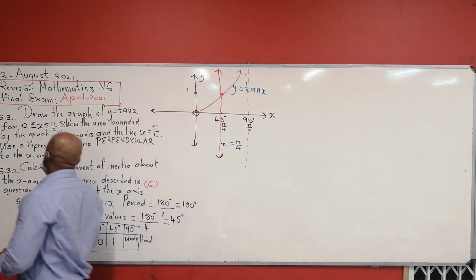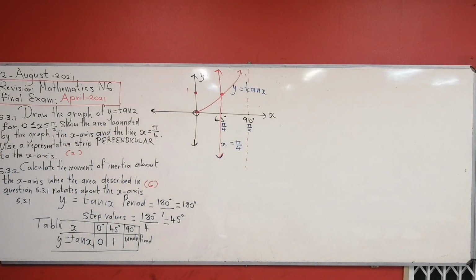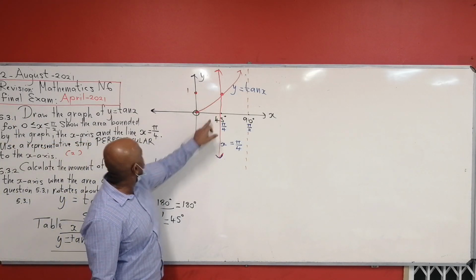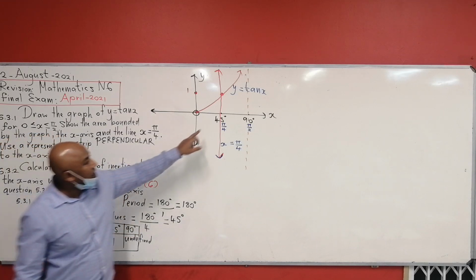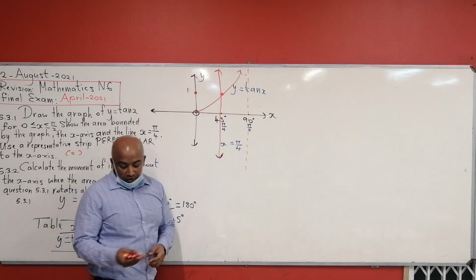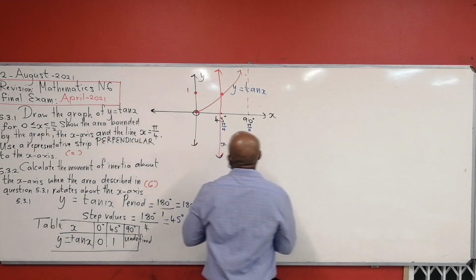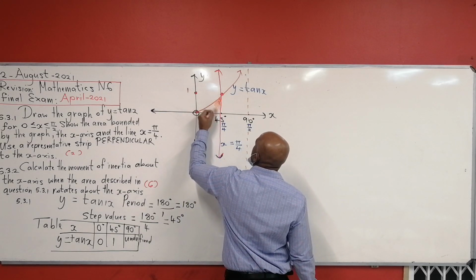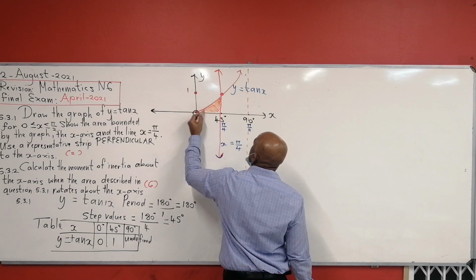Right, so now, draw a graph of y is equal to tan x. We've got that. Show the area bounded by the graph, the x-axis, and the line x is equal to pi over 4. You can see that area clearly. This is the area. You can see it clearly here.